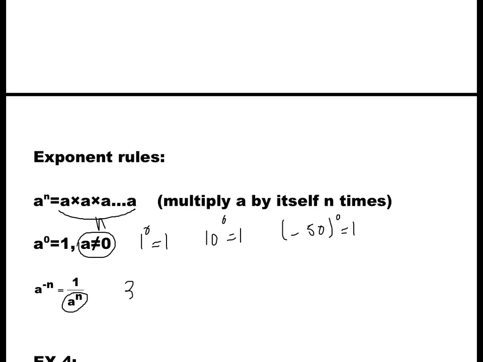For instance, 3 exponent negative 2 is the same as 1 over 3 exponent 2, which is 1 over 9. 7 exponent negative 5 is 1 over 7 exponent 5. So this rule is very important. Remember, again, any number with a negative exponent is the same number in fraction form with the power in the denominator with the positive exponent.